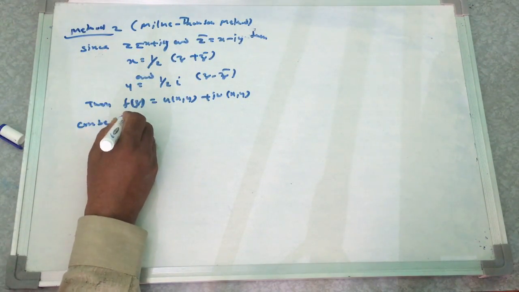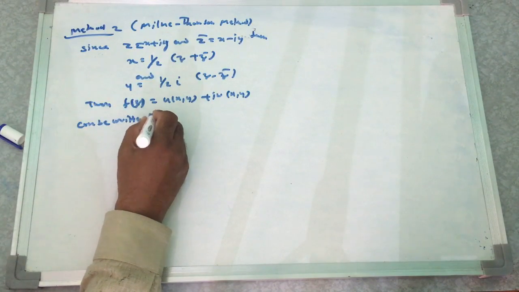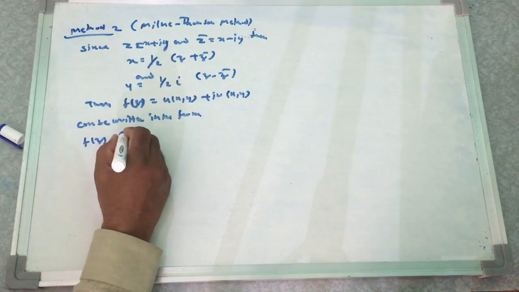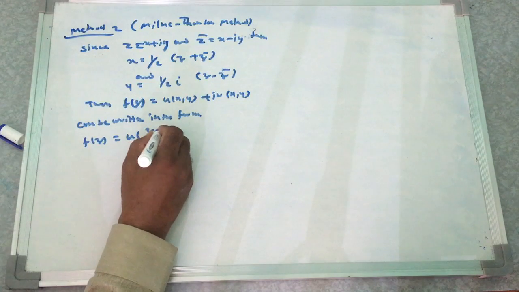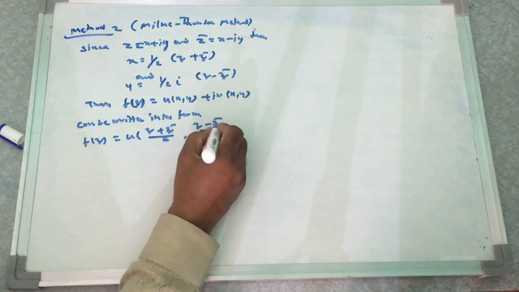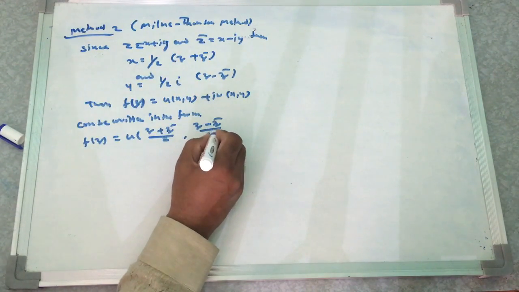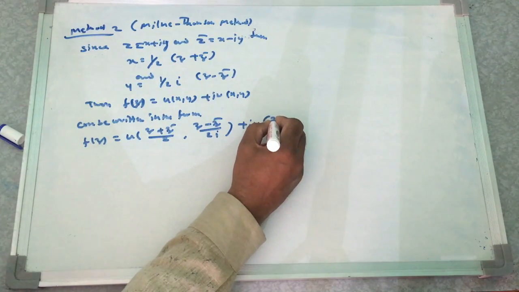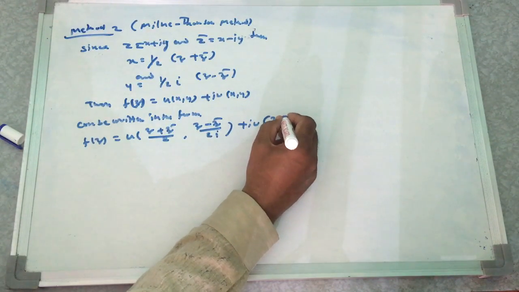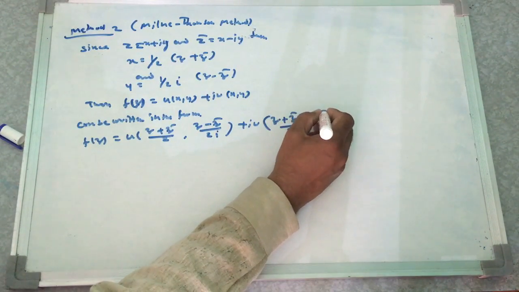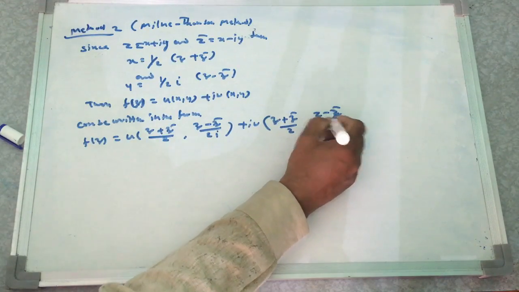This can be written in the form f of z is equal to u of (z plus z bar) upon 2 and (z minus z bar) upon 2i, plus i v of (z plus z bar) upon 2 and (z minus z bar) upon 2i.